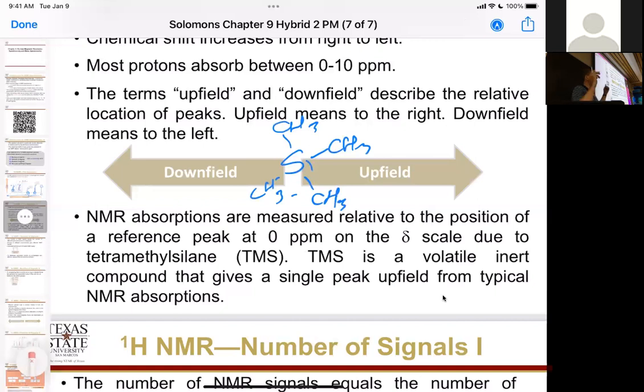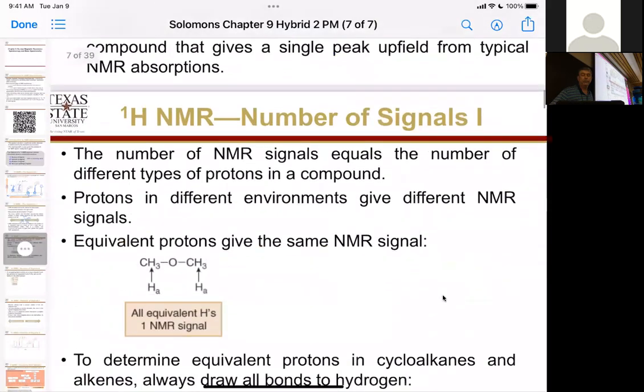The cool thing is we use the exact same internal standard for carbon NMR. So these carbons are 0 in carbon NMR, and these hydrogens are 0 in hydrogen NMR. Almost everything is downfield, a higher number than TMS. There's only a few things that are below 0 in hydrogen NMR.